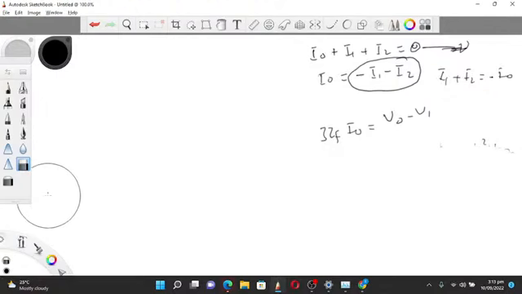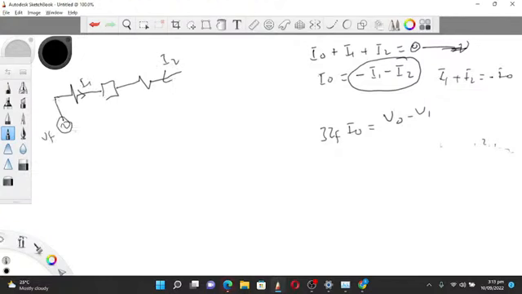For double line to ground, we parallel the positive and negative sequence circuits. That's why for line to line we had this, if you remember, I2 here, I1 here, where this was V2.